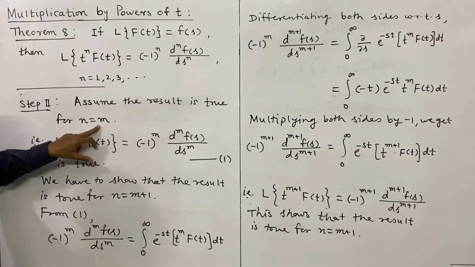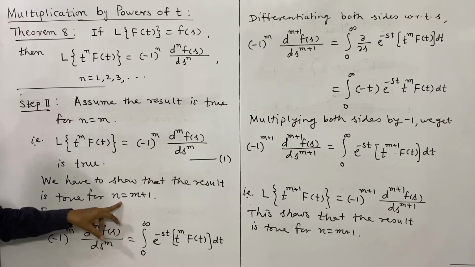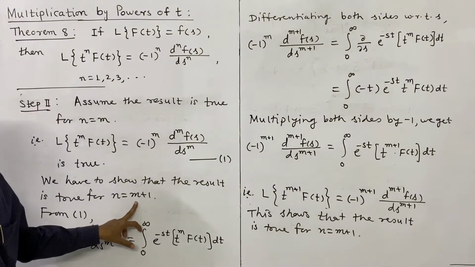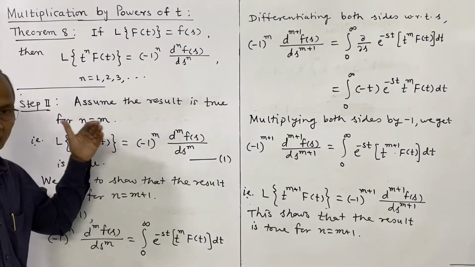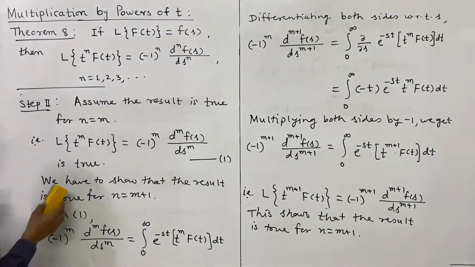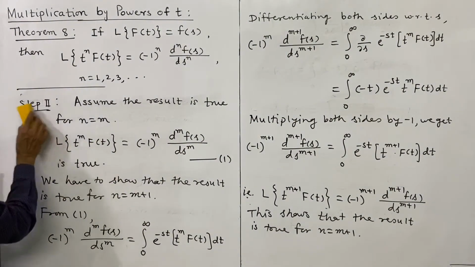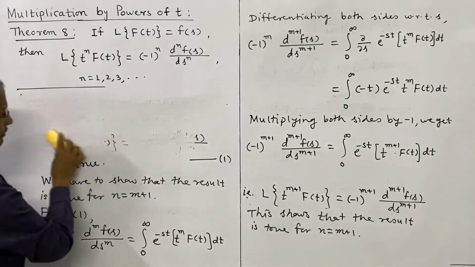Assuming the result for n is equal to m, we have to prove the result for n is equal to m plus 1. Means the result is true for a certain value, it is true for its next immediate value. And in this way we can combine now two steps. What we have proved in step 1, the result is true for n is equal to 1.